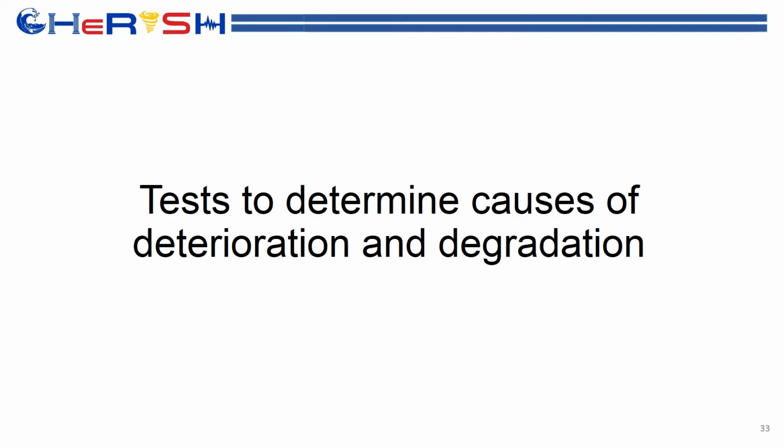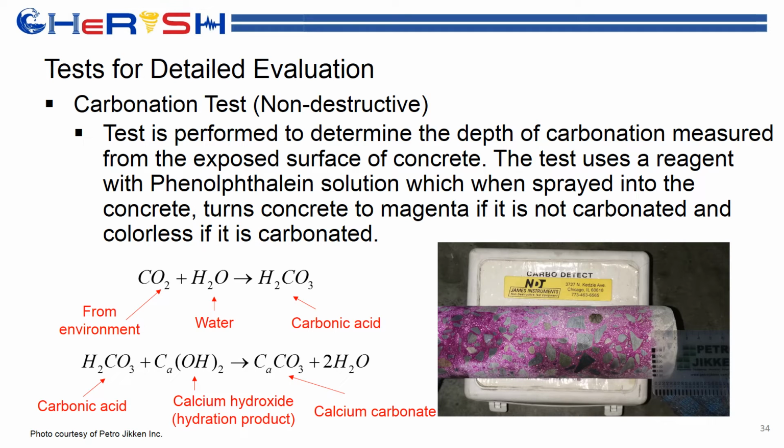Now, how about the tests that we can conduct in order to determine the causes of deterioration and degradation? One is what we call the carbonation test. And I mentioned carbonation before when we talked about rebound hammer tests, because I mentioned that carbonated concrete would have a higher compressive strength.